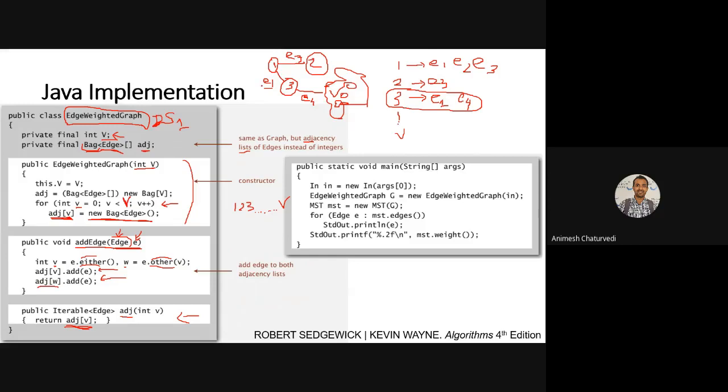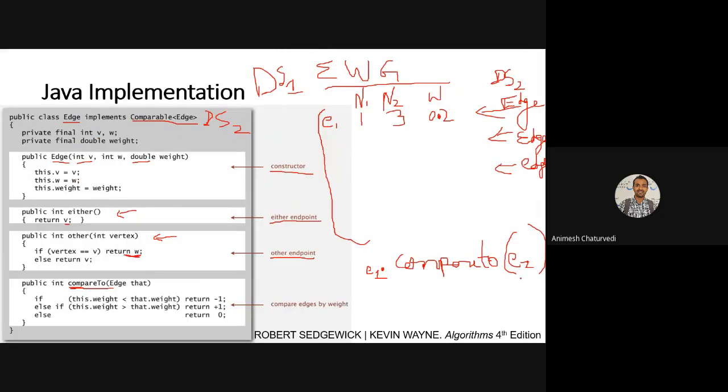So this E2 is going to this forest of vertices. So the edge comparison would be there.